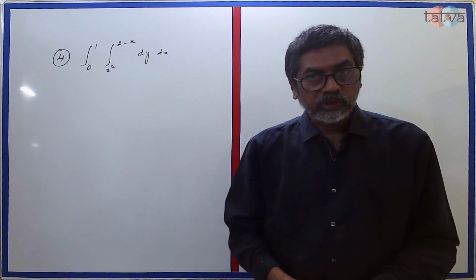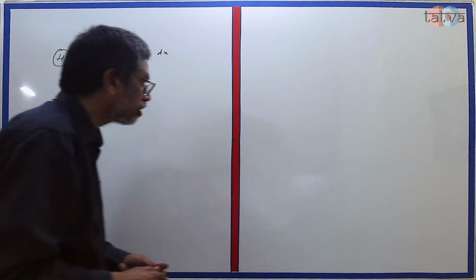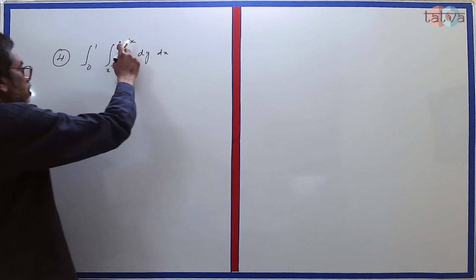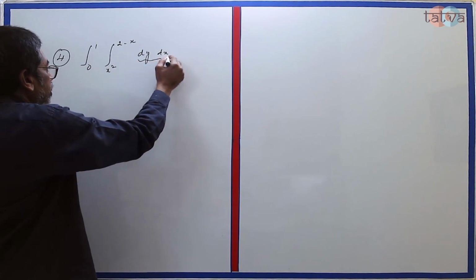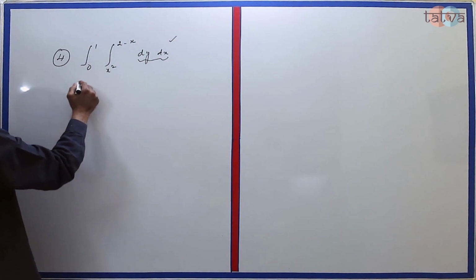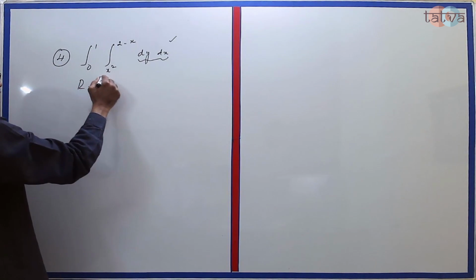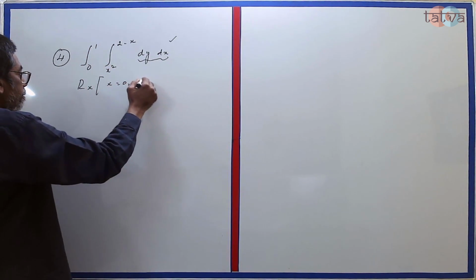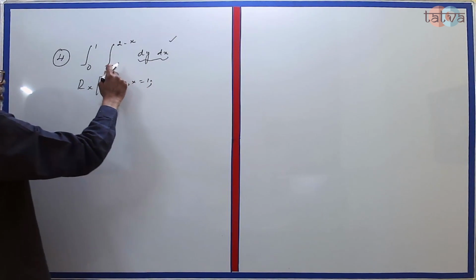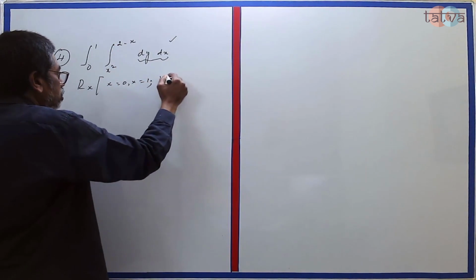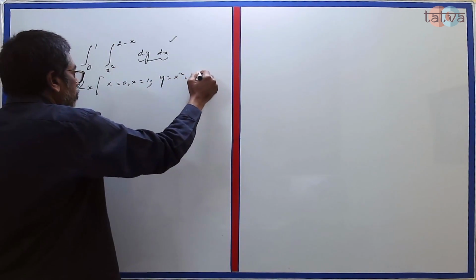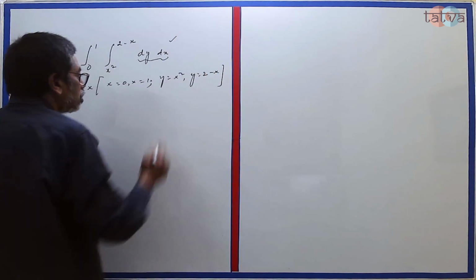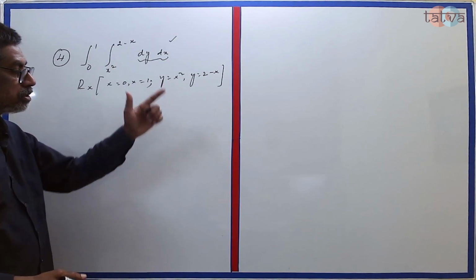So let us analyze the region first. Inner limits are functions of x and the order dy dx is okay, and these limits correspond to an Rx region. These are the x limits. These are the lower limits in that order. And I would like to see this on the graph.